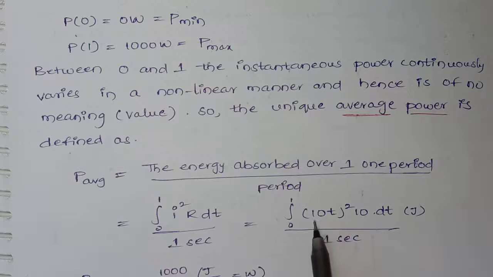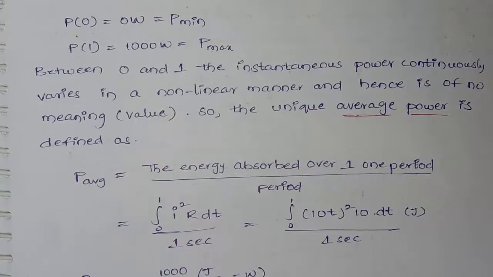If I integrate this equation, taking the constant outside, we get 1000 into t cube divided by 3. If I substitute the limits, we get 1000 into 1 by 3 minus 0 by 3. The overall answer is P average equal to 1000 divided by 3 watts.